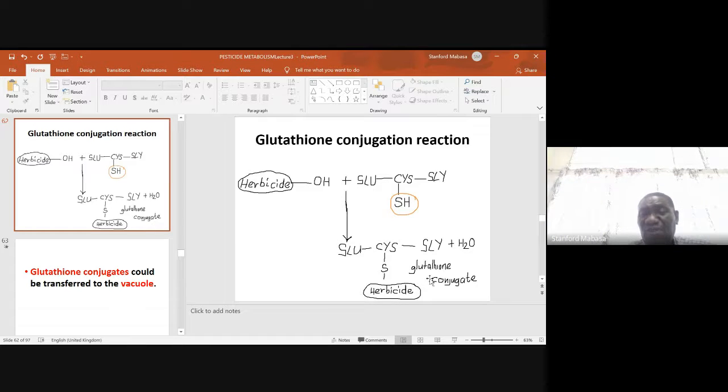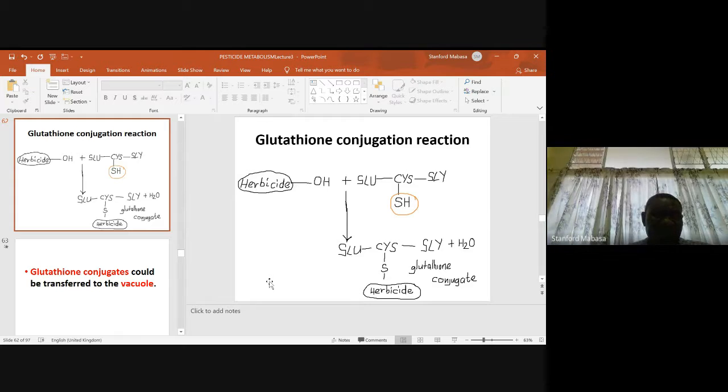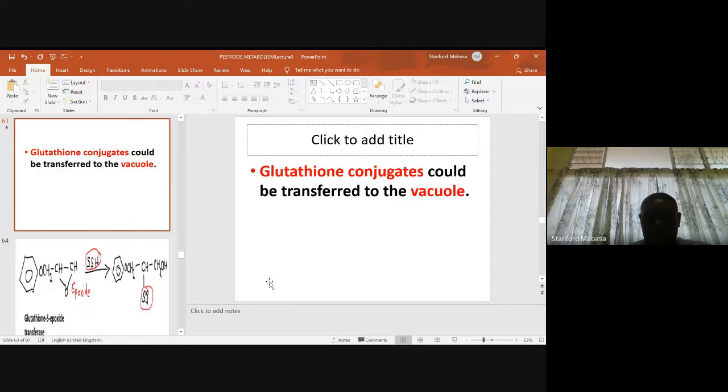So we have a glutathione conjugate. And this reaction is catalyzed by glutathione S-transferase. Now, glutathione conjugates could be transferred to the vacuole if it was in a plant.